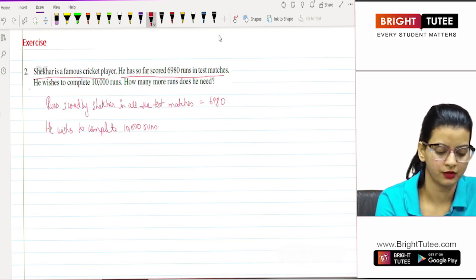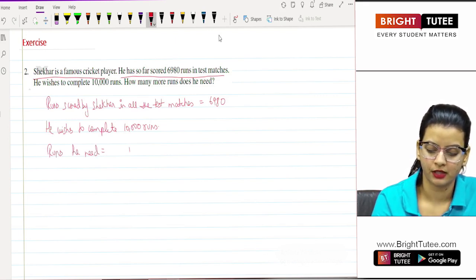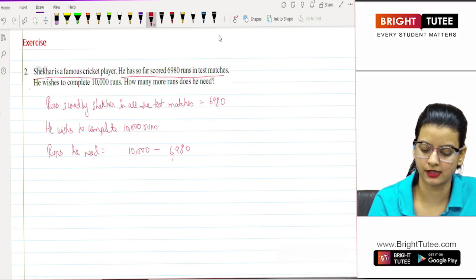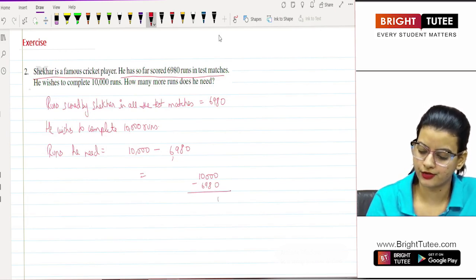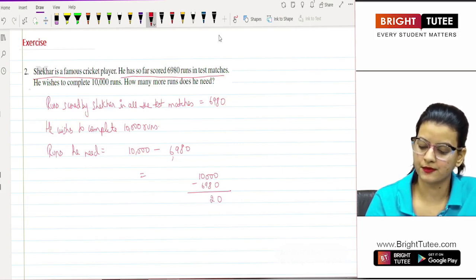So, runs he needs is equal to 10,000 minus 6,980. Let's calculate this. Now 0 minus 0 is 0. Now 10 minus 8 is 2. Now this becomes 9. 9 minus 9 is 0.